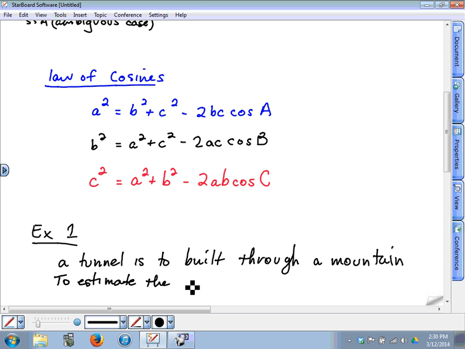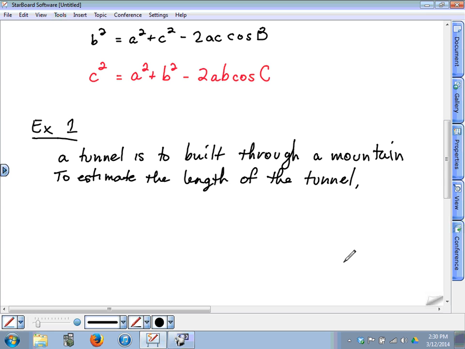To estimate the length of the tunnel, a surveyor makes the following measurements.